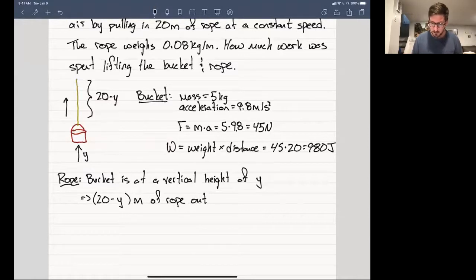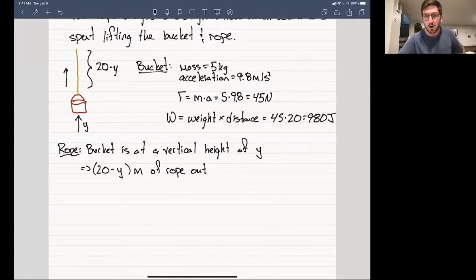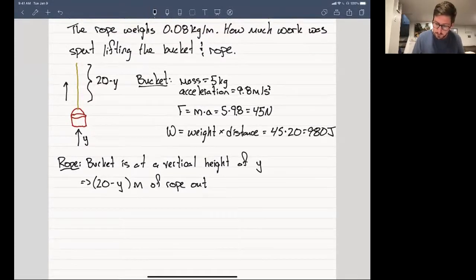So that tells us that we can find, first of all, how much the rope weighs. In this case, we have a weight of 0.08 kilograms per meter. So that means that we can find the number of kilograms by multiplying by the number of meters. And then we have the same acceleration that was pulling on the bucket.